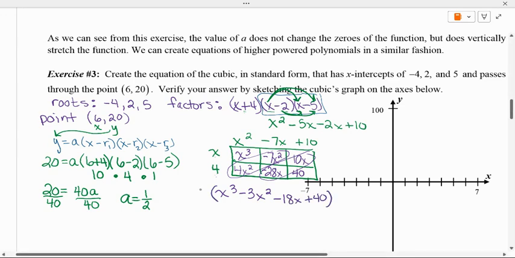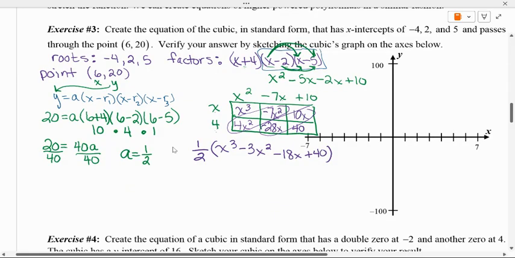But all of this is getting multiplied by a, which is what? 1/2. Okay. So y equals half times x cubed is 1/2 x cubed. Half of negative 3 is, well, that's just negative 3/2 x squared. Half of negative 18 is negative 9, so that's negative 9x.